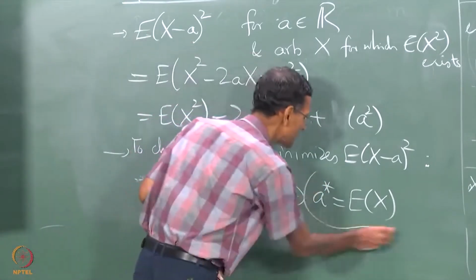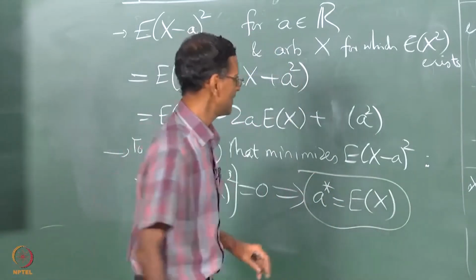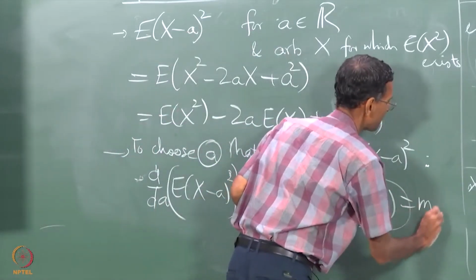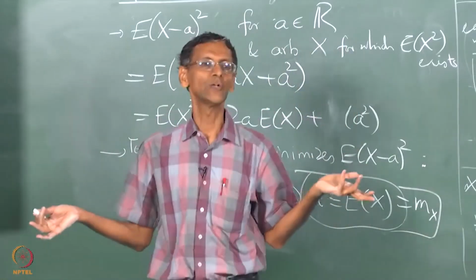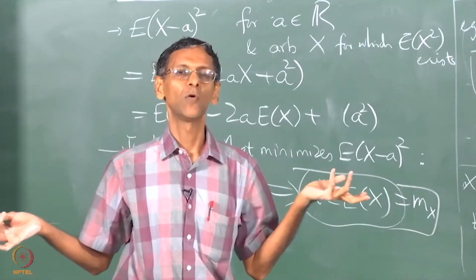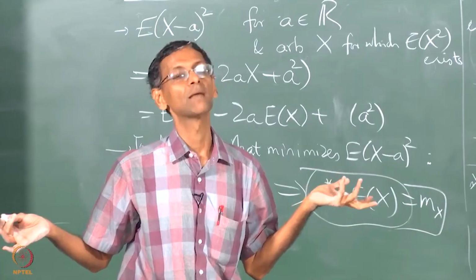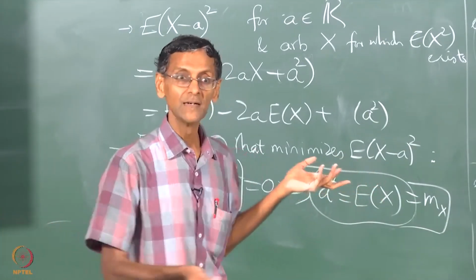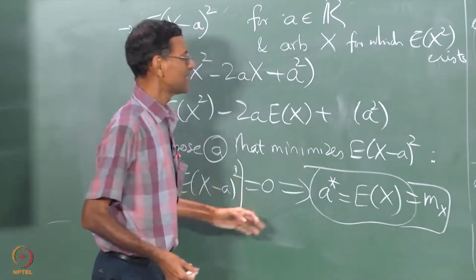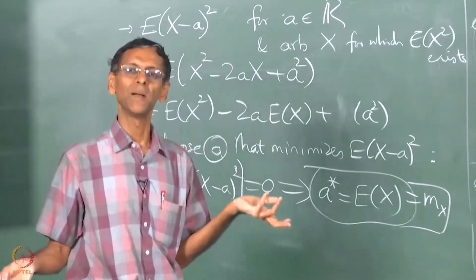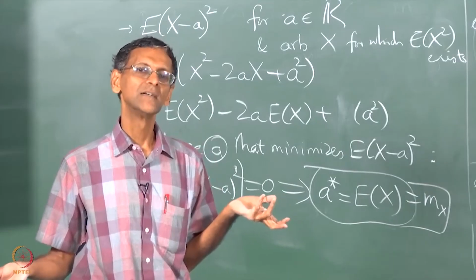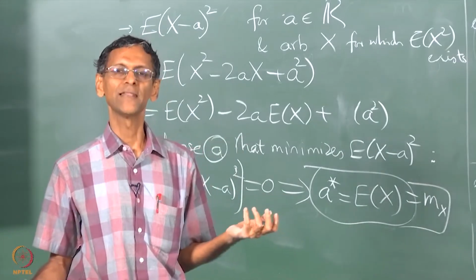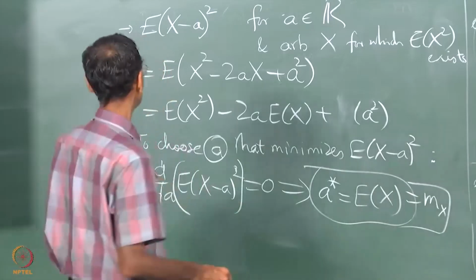So, this is the significance of the mean. Basically, this is equal to m_x. If somebody asks you in an interview or viva question, what is the significance of the mean? What will you say? One among many other things, it is that number which minimizes this, it's the best in the absence of any other information about X. The mean value is the one that is plumb in the middle in the sense of minimizing this quantity.